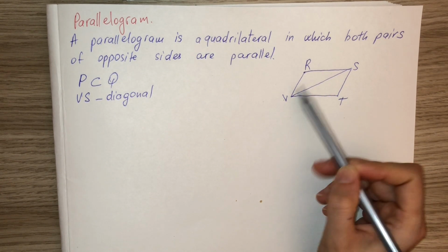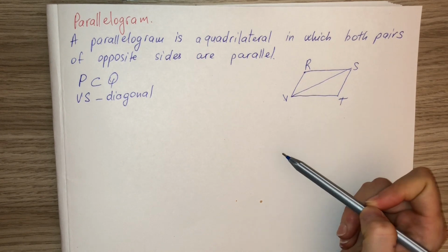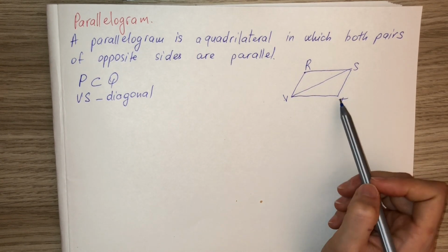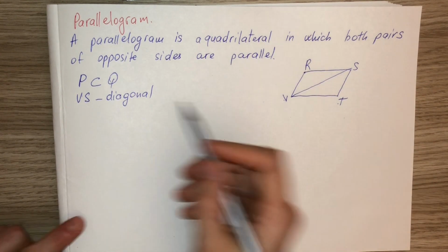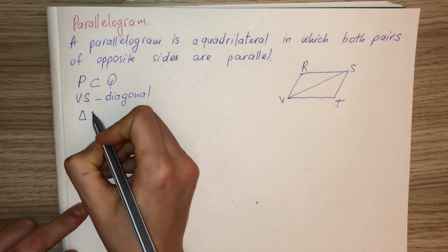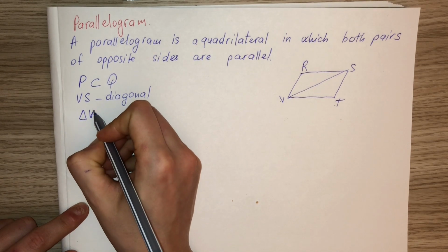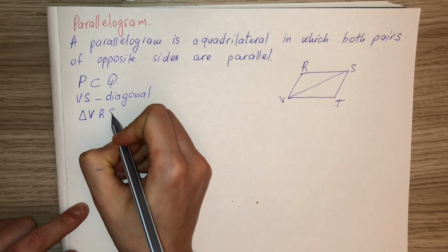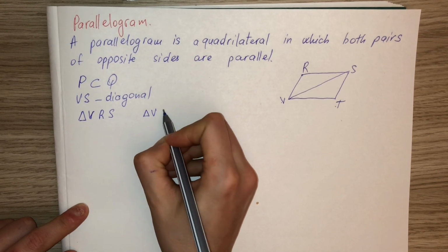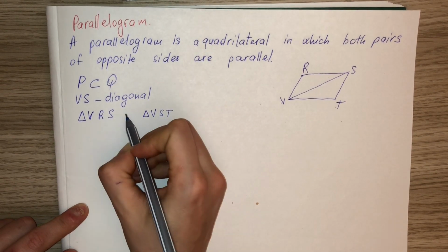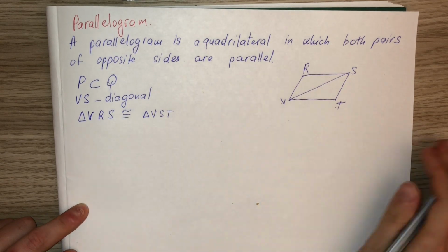It means that the triangle VRS and the triangle VST are congruent.